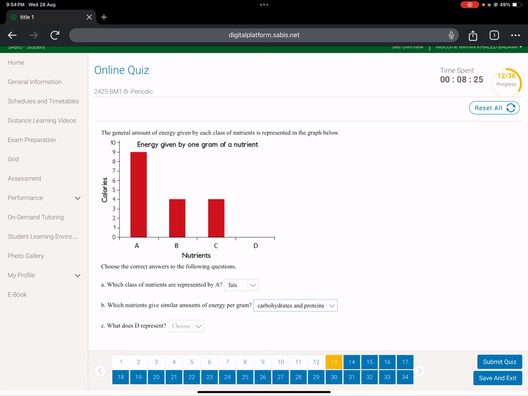Now, D has no energy, so we don't use it as an energy source. We said our three main energy sources are fats, carbohydrates, and proteins. So what's remaining are water, minerals, fibers, and vitamins. Those are not used as an energy source. However, they are still important, as we saw that vitamins C and D are needed, fiber is needed, minerals are needed, and even water is very important.